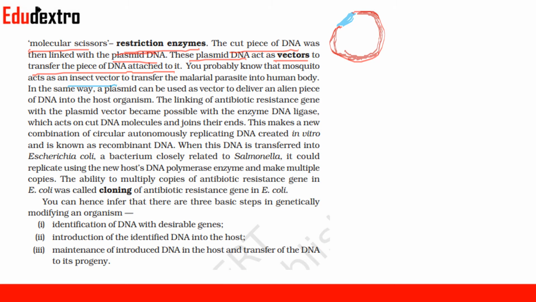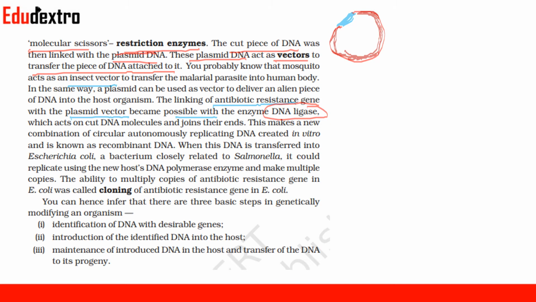This is how we can relate this with the malaria plasmodium analogy. The linking of the antibiotic resistance gene with the plasmid vector became possible with the enzyme DNA ligase.